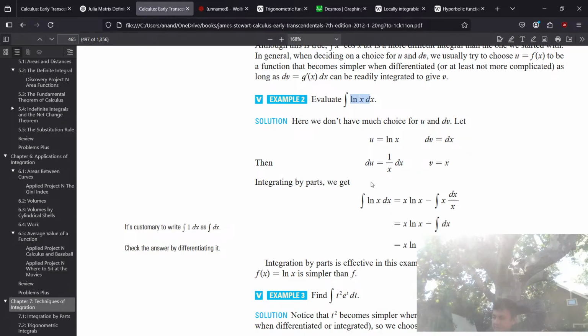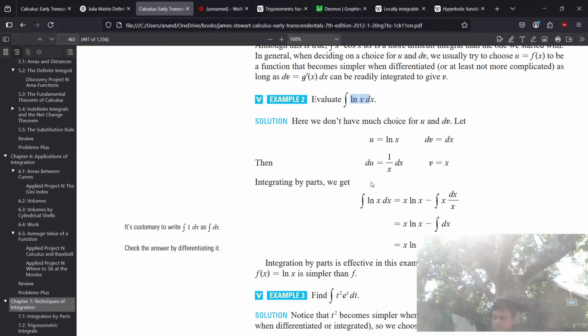Then we let dv equal dx, so then v is equal to x. And once you have those four things, you can just figure out that the integral of u dv is equal to uv minus the integral of v du.